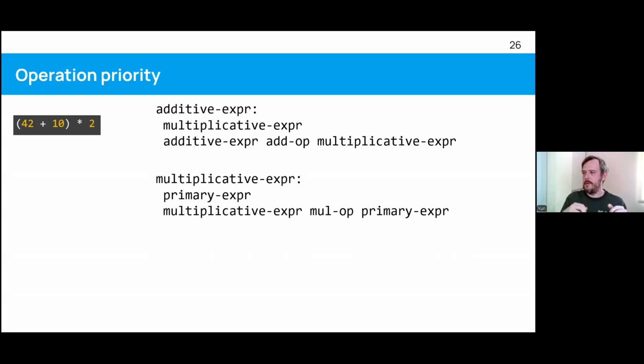And remember, whatever has higher priority goes lower in the tree. So right now our multiplication went up as the top operation of the entire thing.